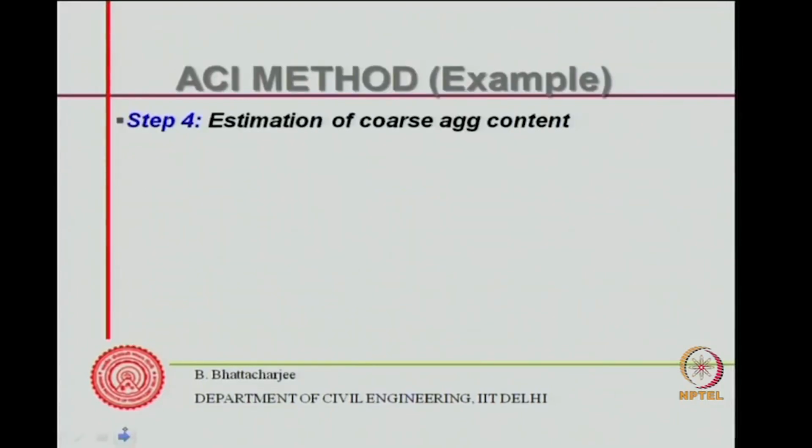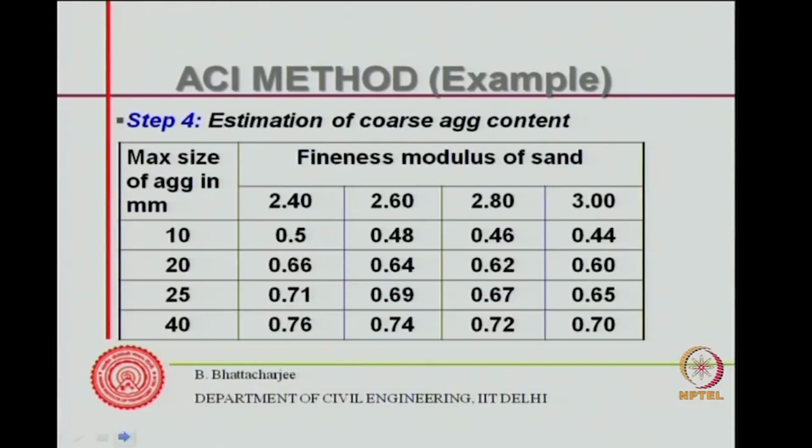The next step would be estimation of coarse aggregate content, and this is from this particular table. We had 20 mm maximum size of aggregate, and fineness modulus is 2.40.